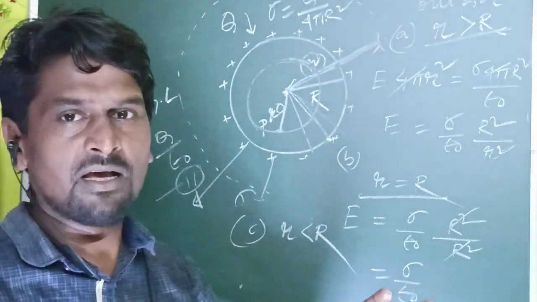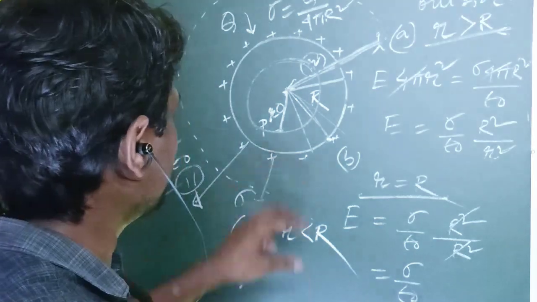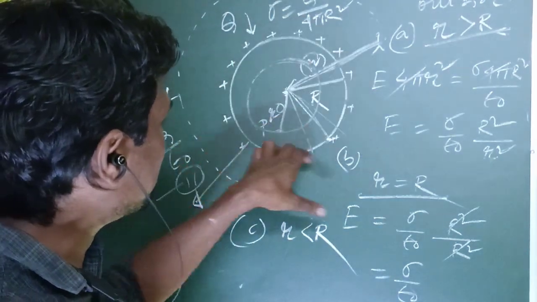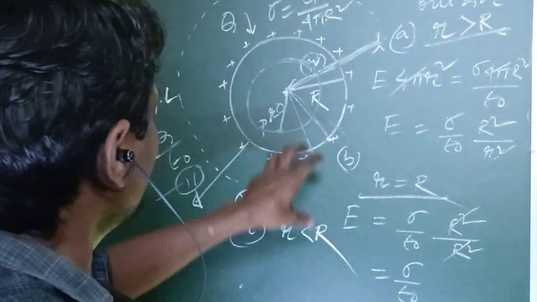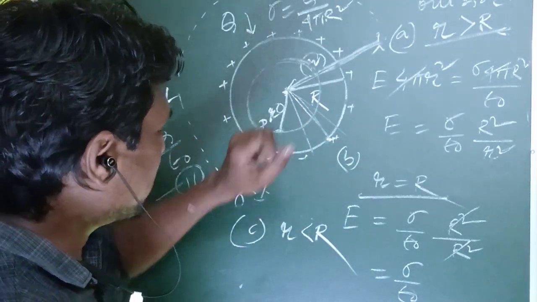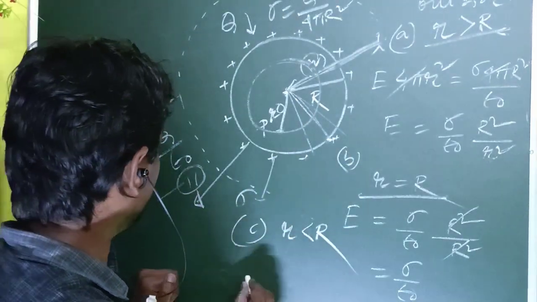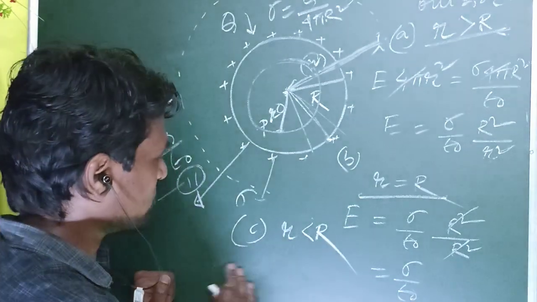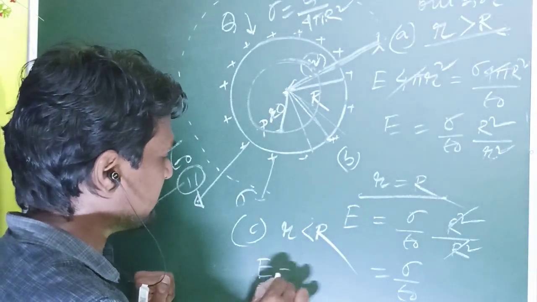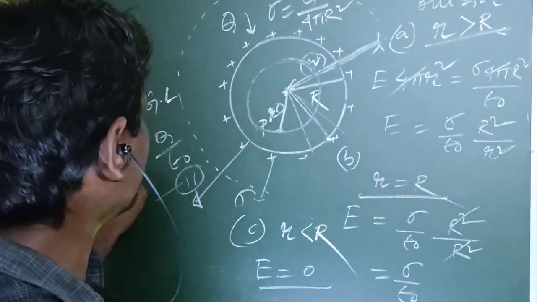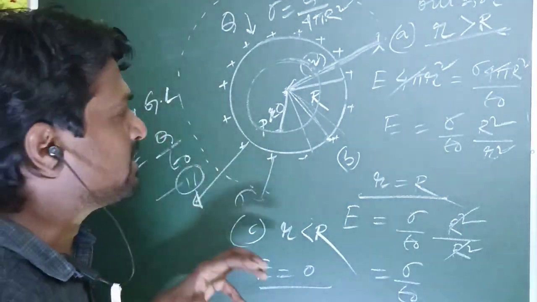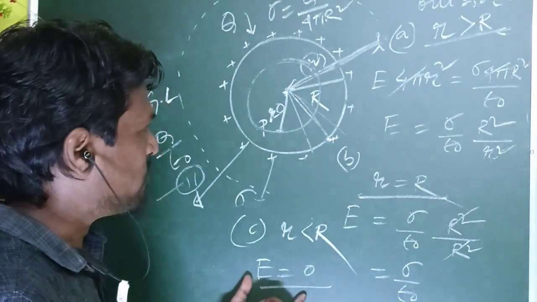There is no charge within this Gaussian surface, since all the charges are distributed over the spherical cell. So the charge confined within that Gaussian surface is 0, hence the electric field is equal to 0. Since the charge is 0, flux equals 0, or electric field is 0.